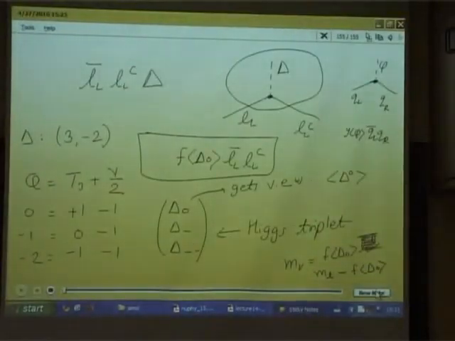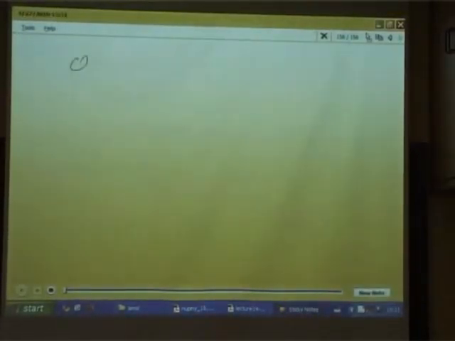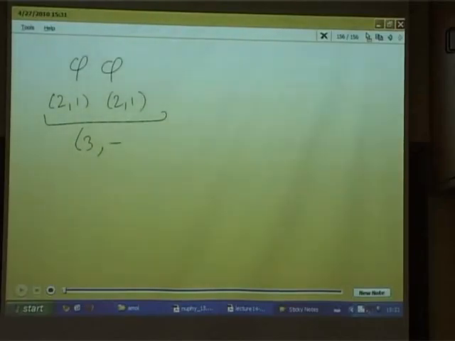So what happens is this phi, where phi is also 2, 1, they also form a triplet with hypercharge 2. And therefore I can have a term which is phi phi delta, where delta is 3 and minus 2, such that this term exists.